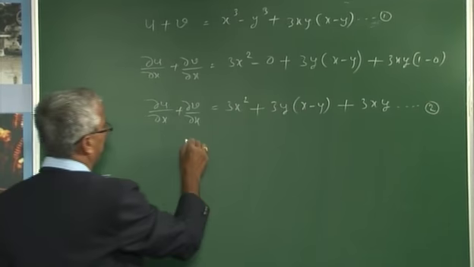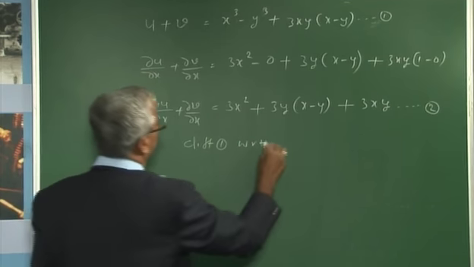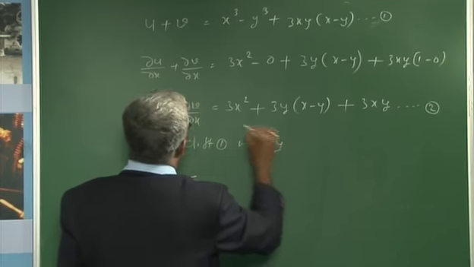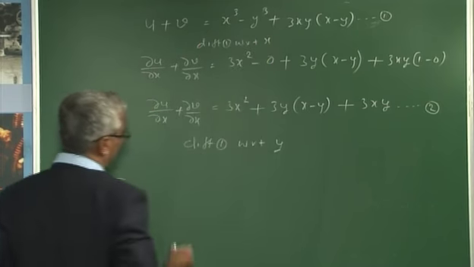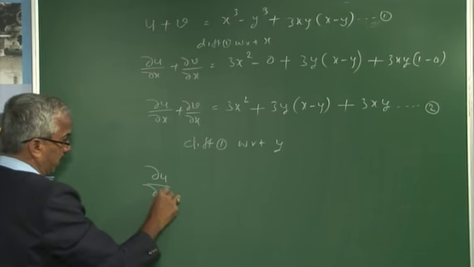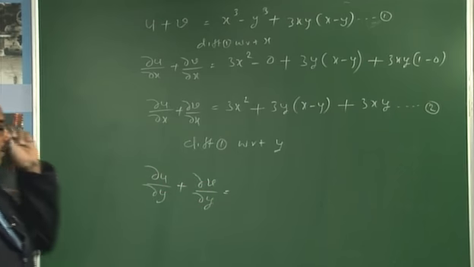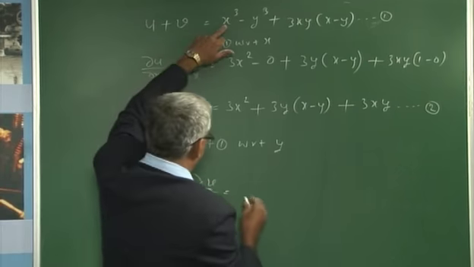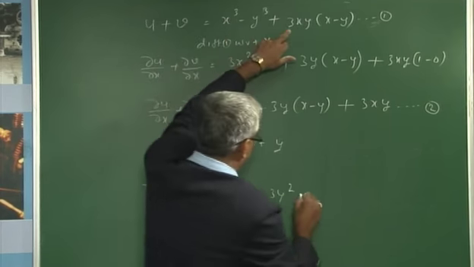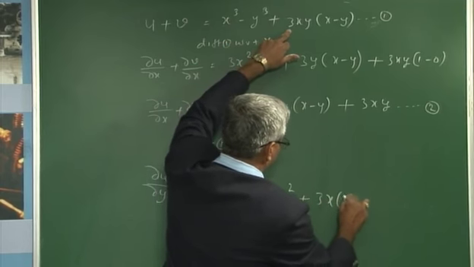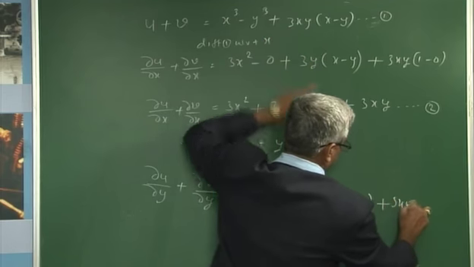Now differentiate this with respect to y. That gives dou u by dou y plus dou v by dou y is equal to, the derivative of x cube is 0, minus 3y squared, plus 3x into (x minus y), plus 3xy into minus 1.